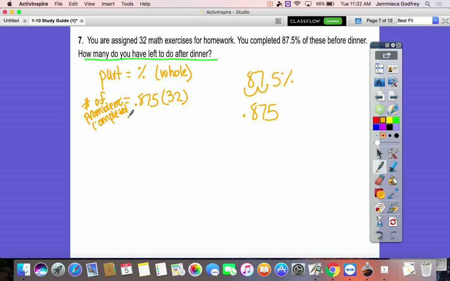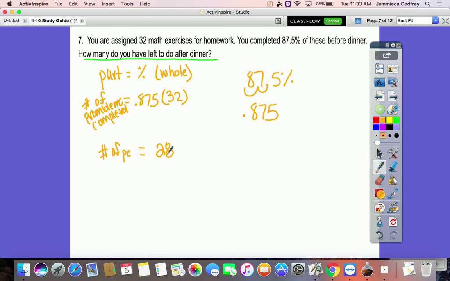So you have 0.875 times 32, which will give us 28 problems. This is the number of problems that we have completed, but it is asking for how many you have left.